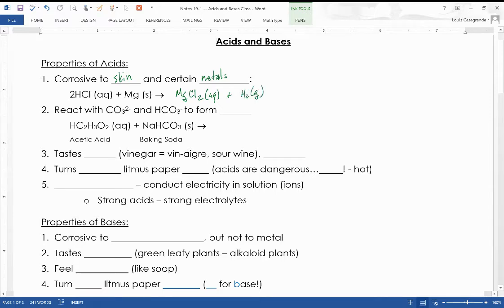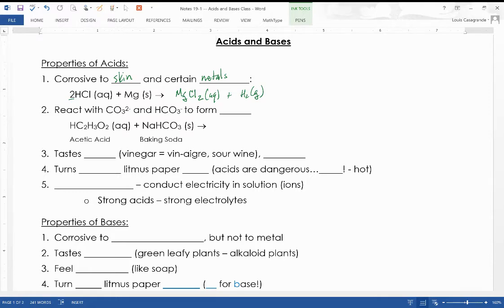And we've already got the 2 in front there to balance it, so I don't need to do any balancing. And many different metals will undergo this reaction. A few won't. Copper won't do it, for instance, and silver and gold won't, but most metals will do this.